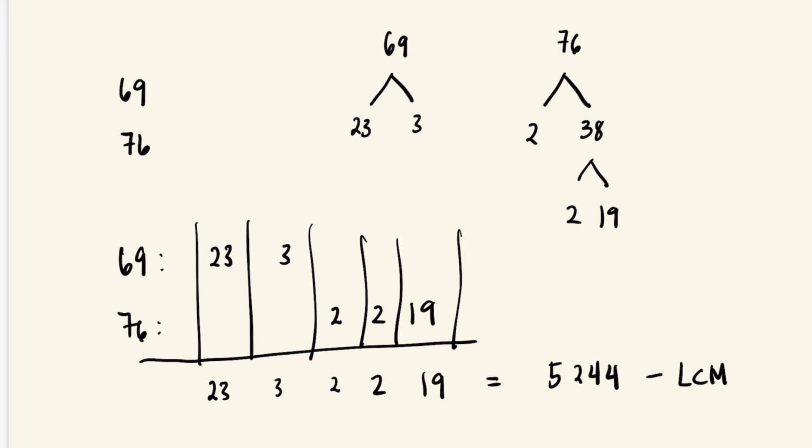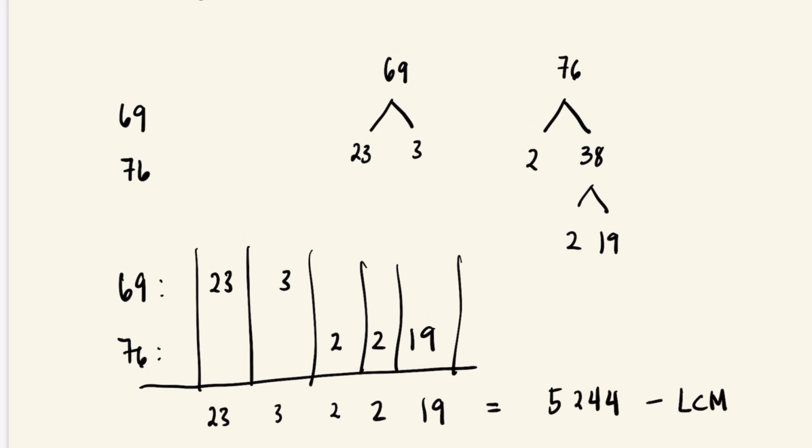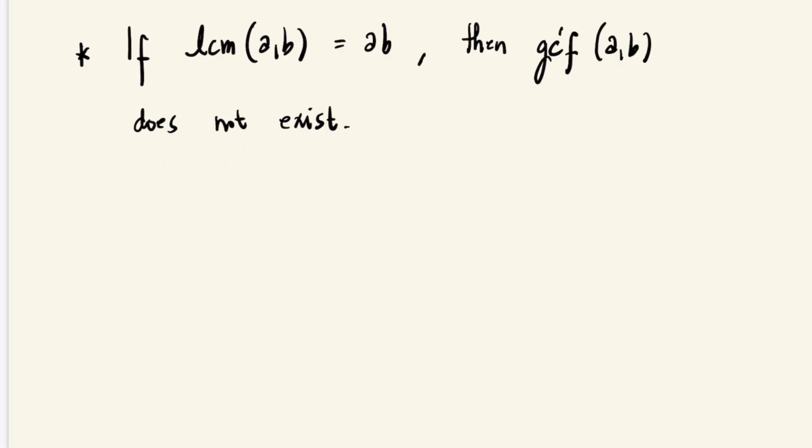I discussed that on the previous video about the basic set notions. By this example, we can have our observation here. If LCM of A and B is equal to the product of A and B, then GCF does not exist. Actually, this is if and only if. Because, yun nga, yung example kanina, di ba, wala tayong GCF ng dalawang numbers.